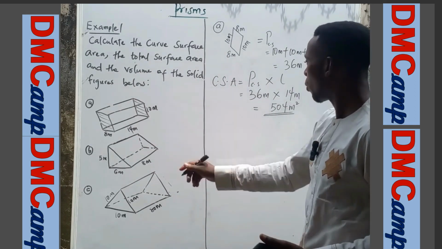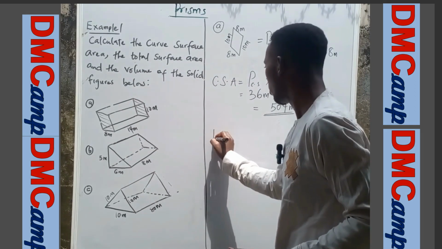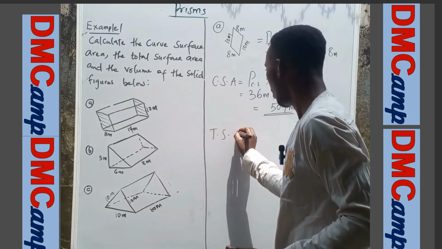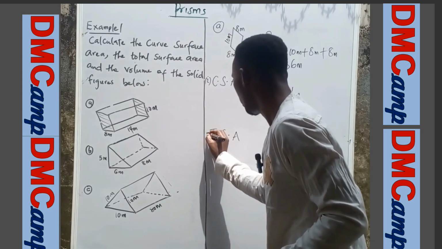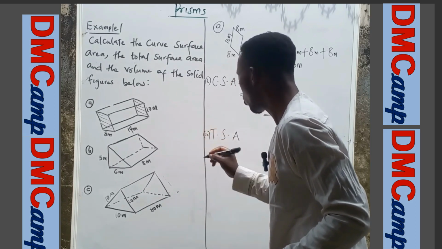Now, to get the total surface area, let's call this Roman figure 1 and this Roman figure 2.